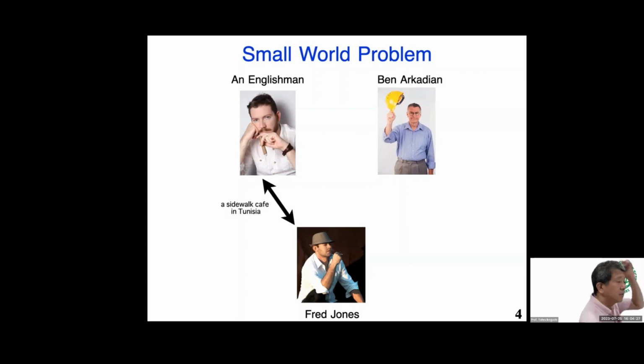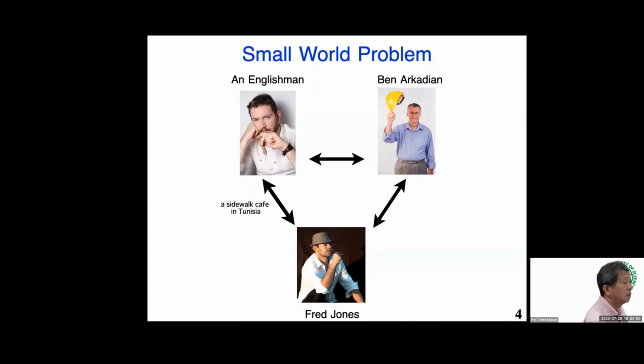On the other hand, Fred Jones was already acquainted with Ben Arcadian. So, thinking it unlikely, Fred Jones asked if the Englishman and Ben Arcadian were acquainted, and they were. So Fred Jones and this Englishman were astonished, and they said it's a small world.